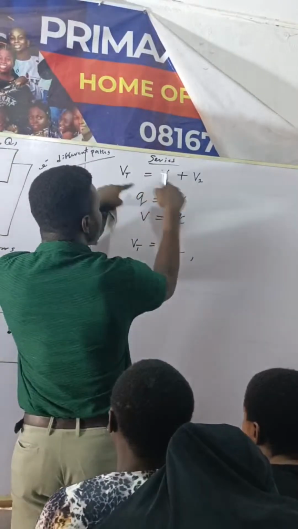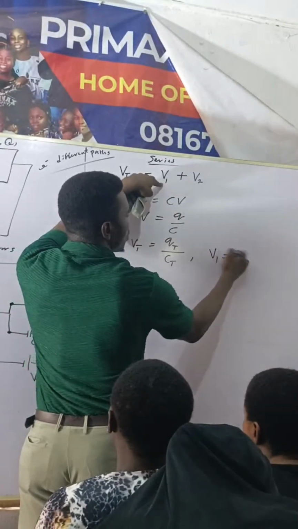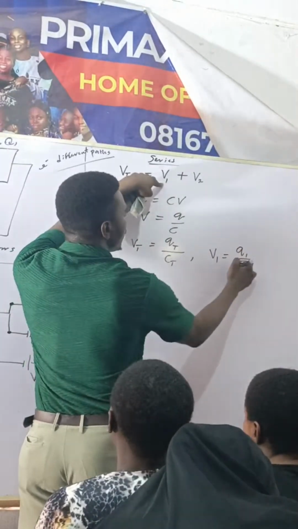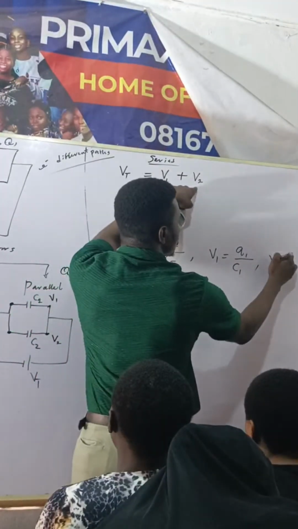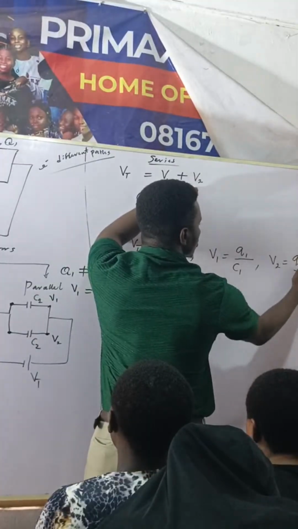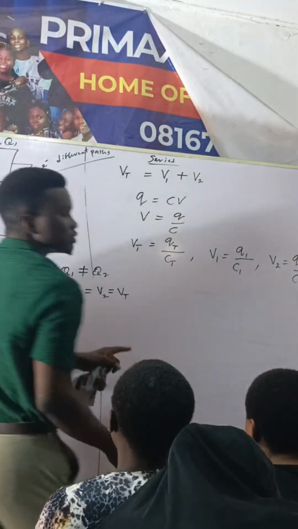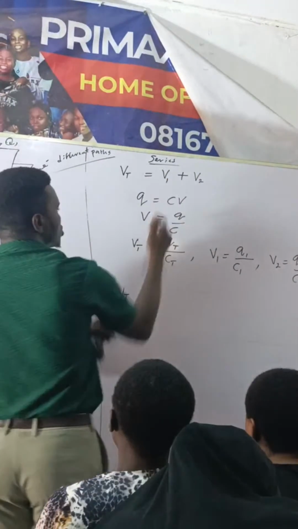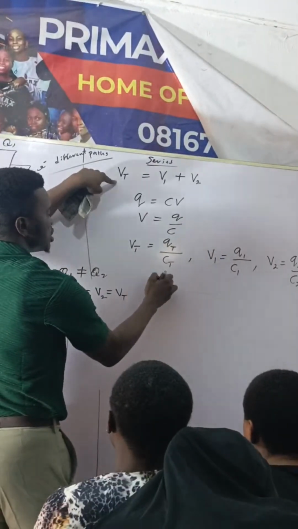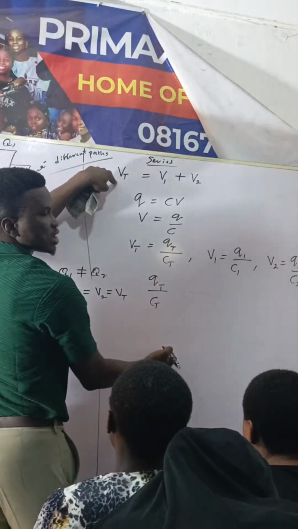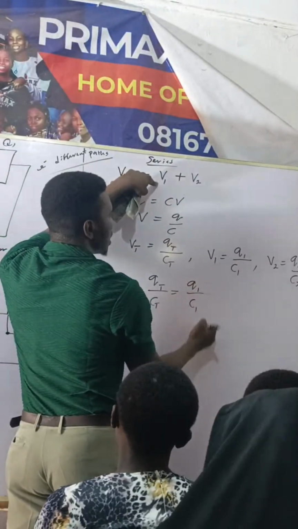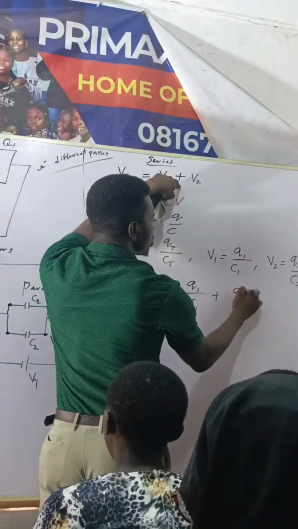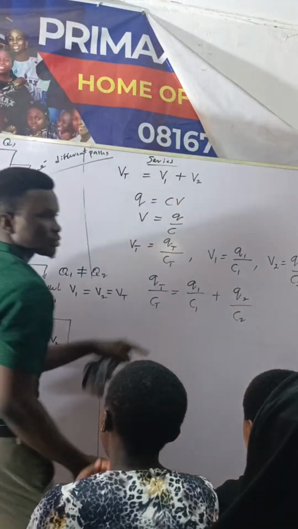I can also say V1 equals Q1 over C1, whereas V2 equals Q2 over C2. Are you following? So bring them into the formula. My V total, which is Q total over C total, is going to be Q1 over C1 plus Q2 over C2.